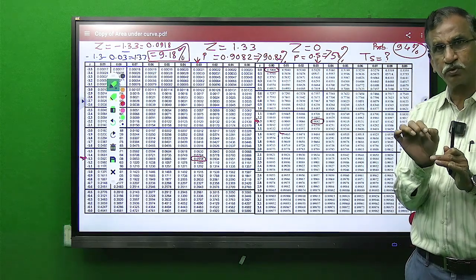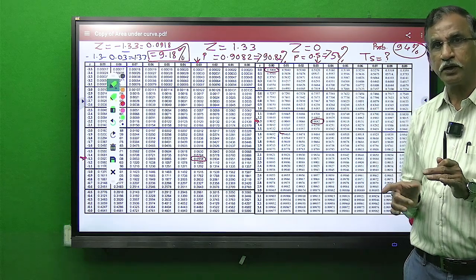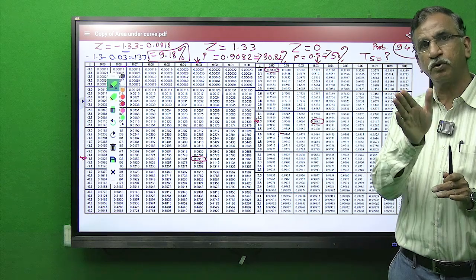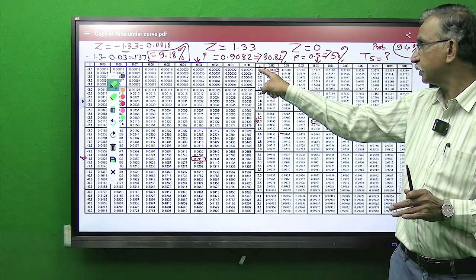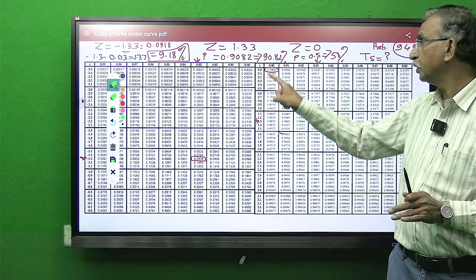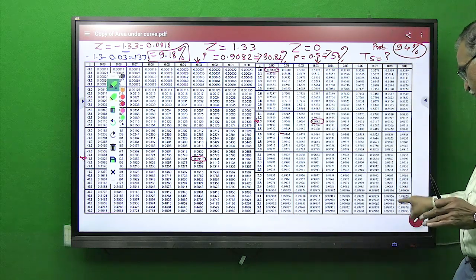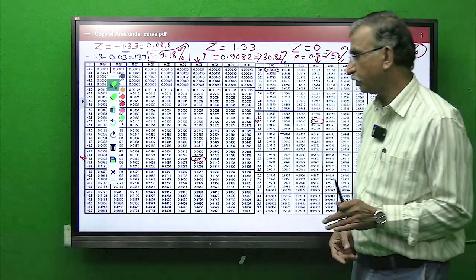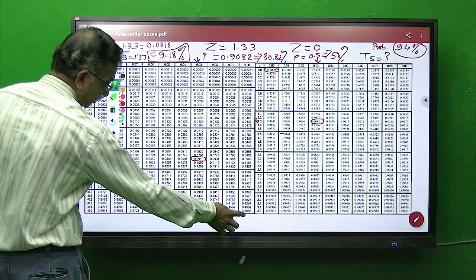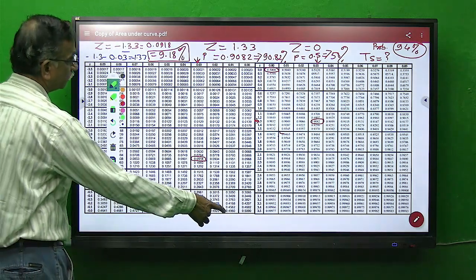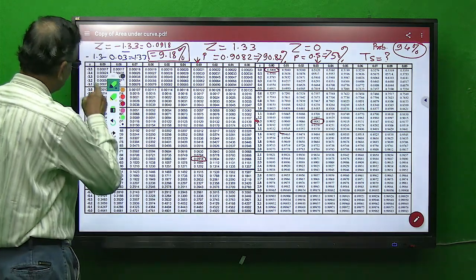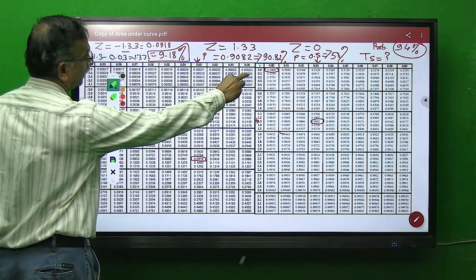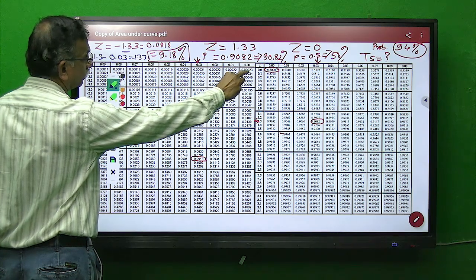For z equal to 0 to 3.5 positive side, values of probability will start from 0.5 onwards to 0.99. So you can see here for 0 to 3.5 z starts from 0.5 to 0.999, approximately 1. Reverse, for z in negative side, the value at minus 3.5 will go up to 0.000023.